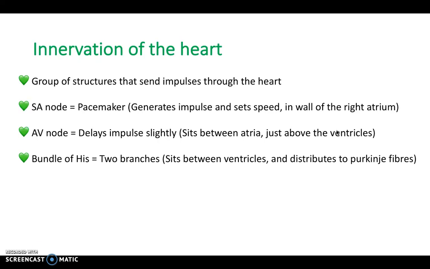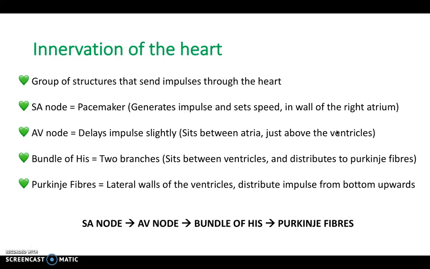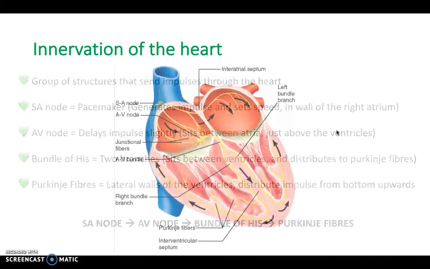Then you've got the bundle of His, which has two branches, and this sits between the ventricles, and it's distributed to the Purkinje fibers, which are the last part of innervation, which sit in the lateral walls of the ventricle and distribute the impulse from the bottom of the ventricles upwards. So remember these simple 4 steps: SA node, AV node, bundle of His, and Purkinje fibers.